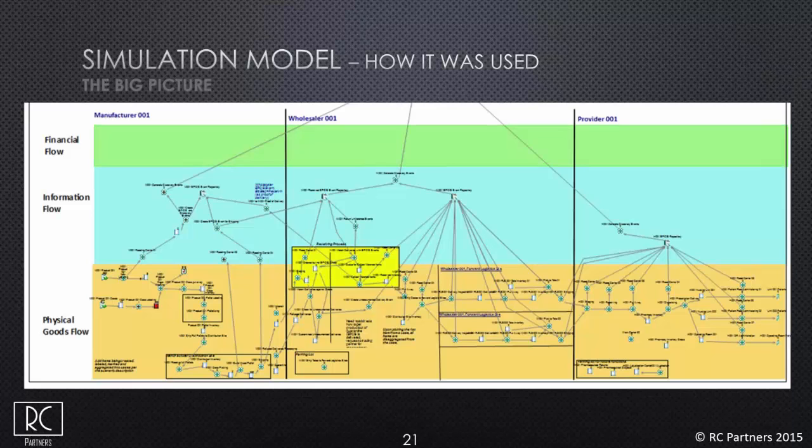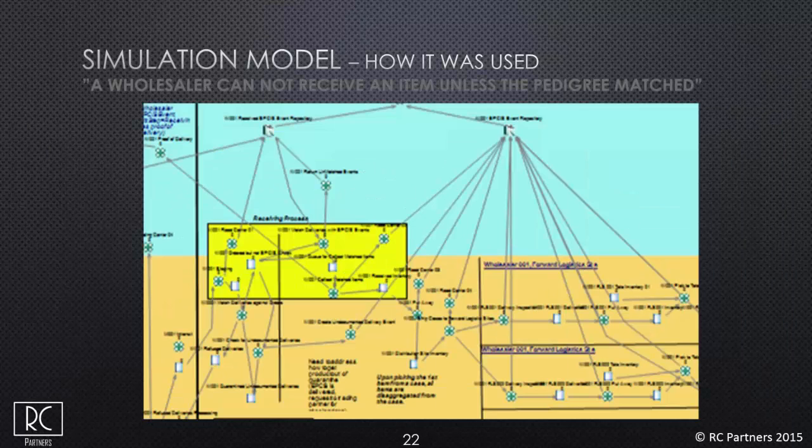So I just want to, I know you can't read any of this, it's blurry on here, but here's an area where I think we affected the public policy point of view. This is where we had a lot of discussions with the California Board of Pharmacy and the FDA. So the law says, as you can see above, a wholesaler cannot receive an item unless the pedigree matches.